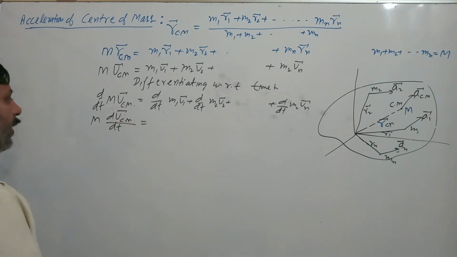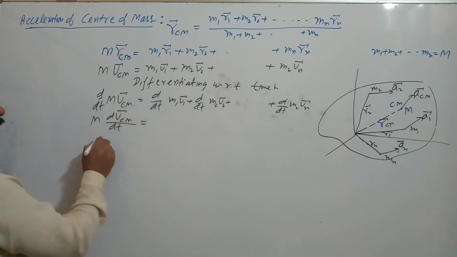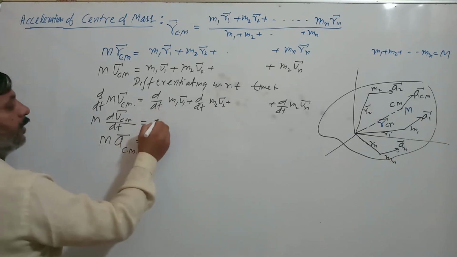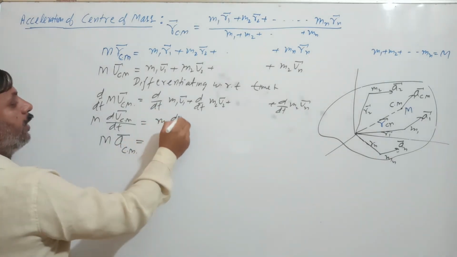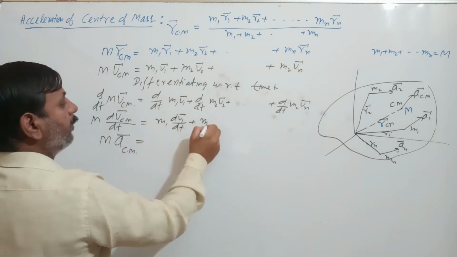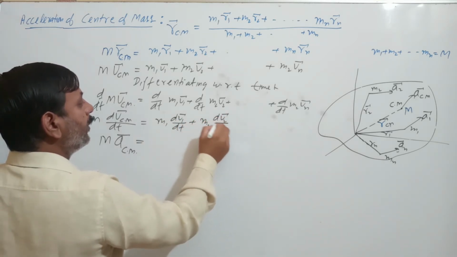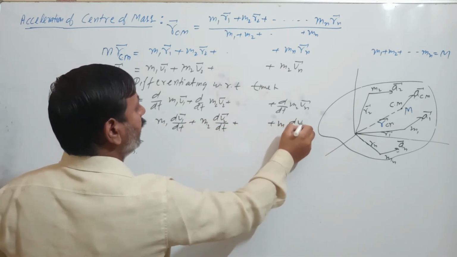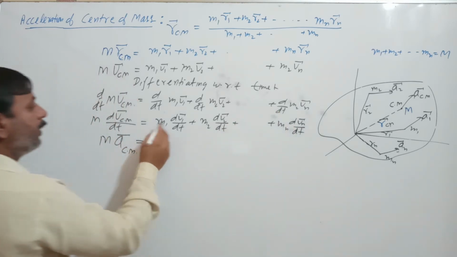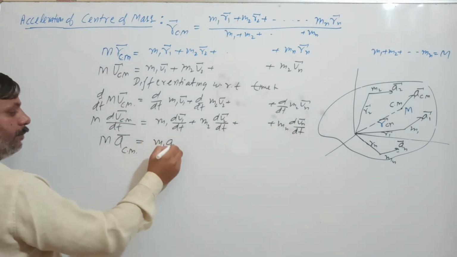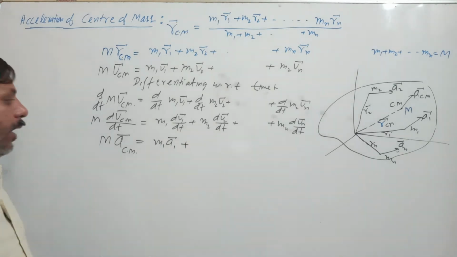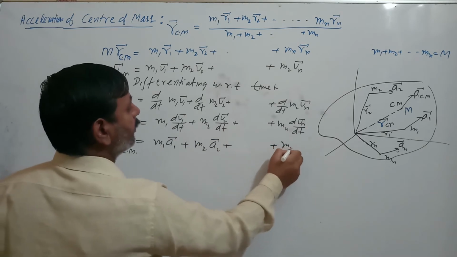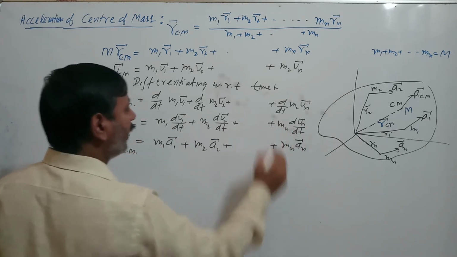The derivative of velocity of center of mass with respect to time is the acceleration of center of mass. So here we can see m1 dv1 upon dt, m2 dv2 upon dt, same way mn dvn upon dt, which is m1 a1 plus m2 a2 plus mn an.